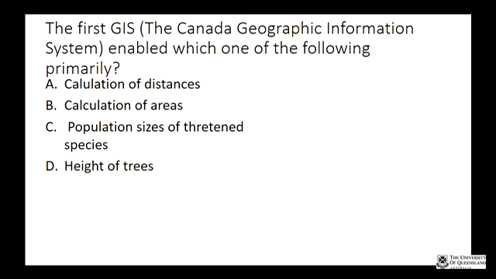So this is a bit of a test of history for you. The first GIS, the Canada Geographic Information System, enabled which one of the following things primarily? Calculations of distances, calculation of areas, population sizes of threatened species, or height of trees.